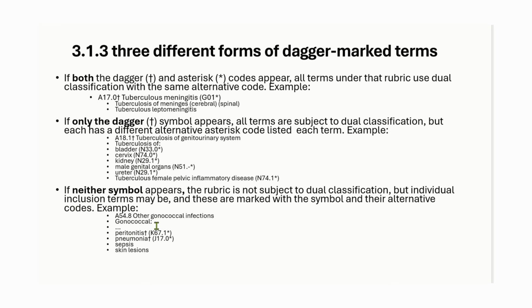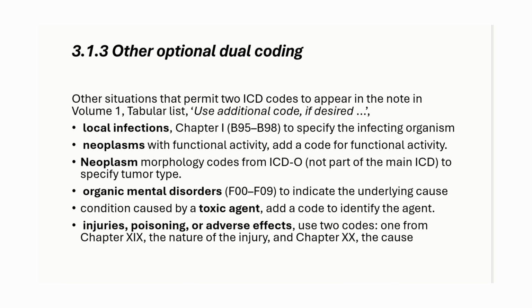Again, you can see the examples here in the bullet points which I've shown here. There are other situations that permit optional dual coding, and this will appear in the note in volume 1 tabular list. You'll find it's written, use additional code if desired.